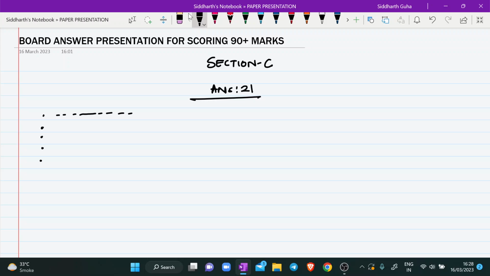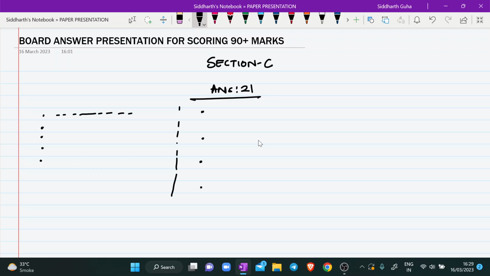Start the answering part point wise. If you feel that your handwriting is a little clumsy and may make it difficult for the paper checker to read, leave one line once you complete one point. That would give a better understanding to the person who is checking the paper.